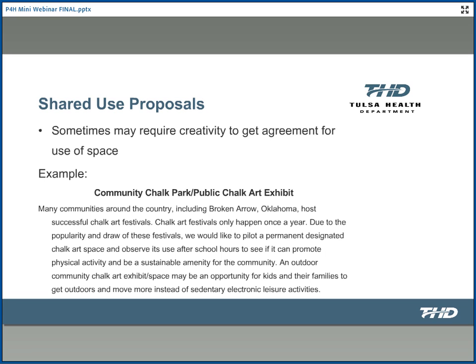So with the Broken Arrow District, they had done these chalk art festivals, and so the idea was to maybe designate a chalk art space at a school site, and have that be a designated space, and then maybe the families using that would also use the playgrounds and get physical activity. And I've got meetings next month to discuss 2 school sites for this shared use proposal.